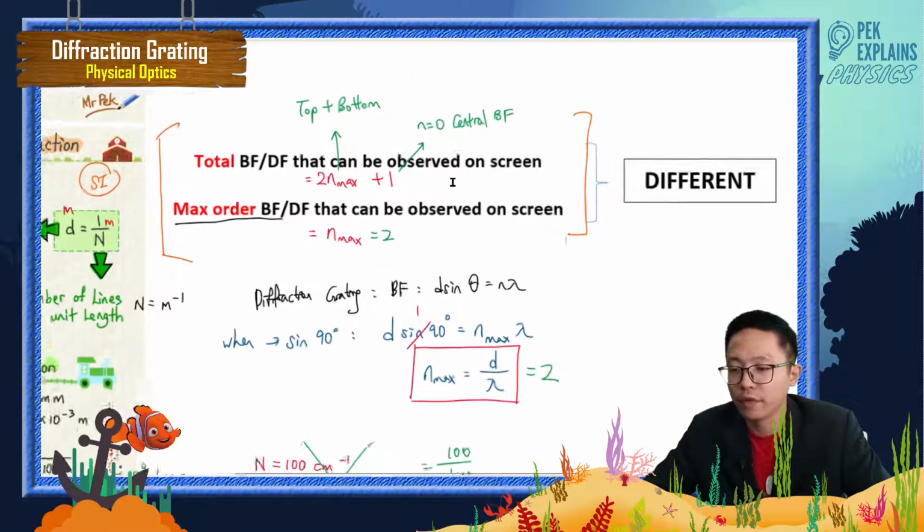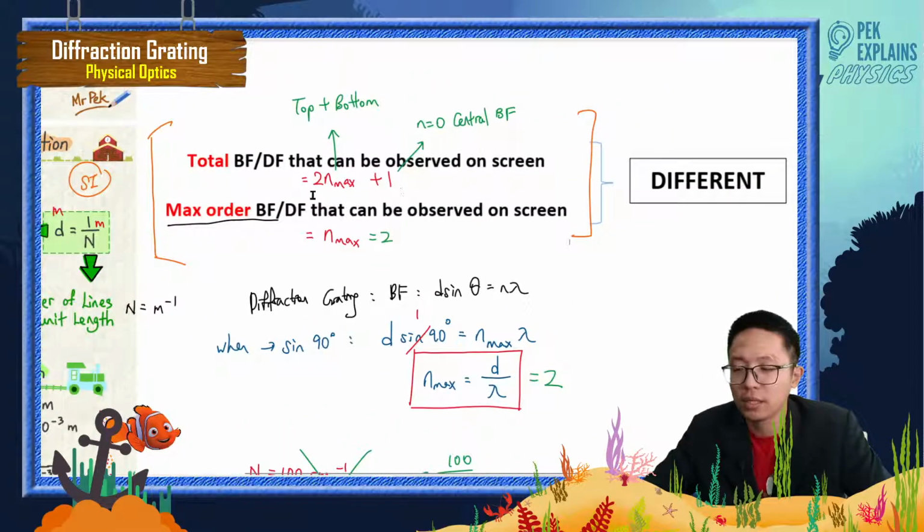The total number of bright fringes that can be observed on the screen is 2n plus 1, but the maximum order is just n max. The total bright fringes is 2 times n max because we have top and bottom, and then plus 1 because the 1 is the 0 order central bright fringe.